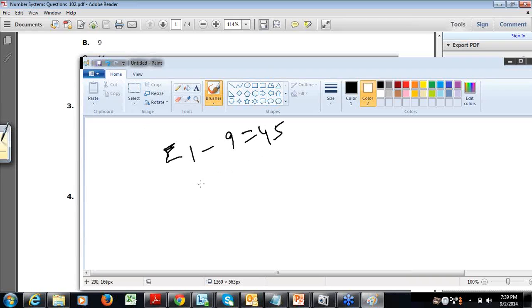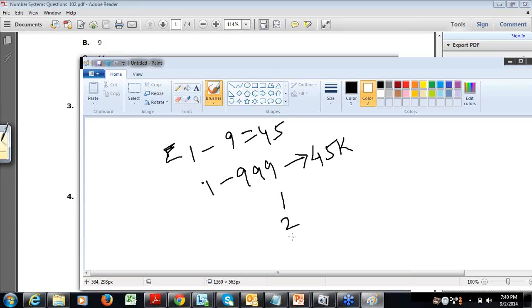So from 1 to 999, if you sum all the numbers, it will be of the form 45k, because each of the digits 1, 2, 3, and so on till 9 will appear an equal number of times.